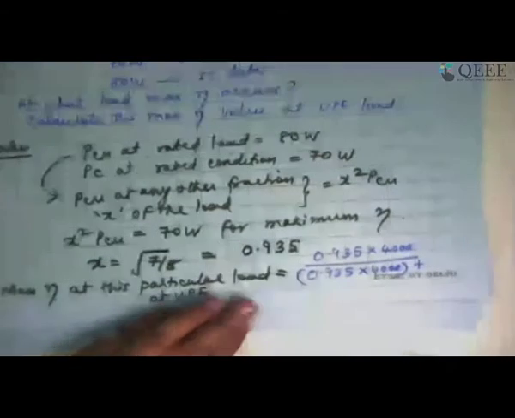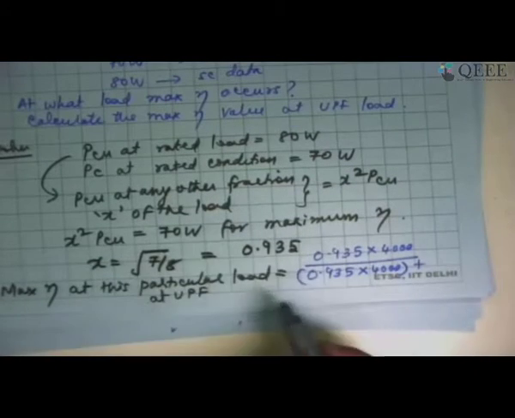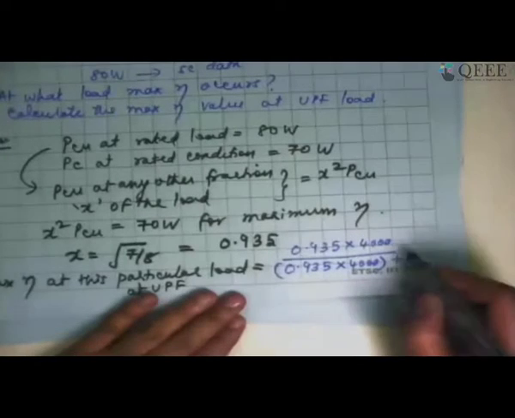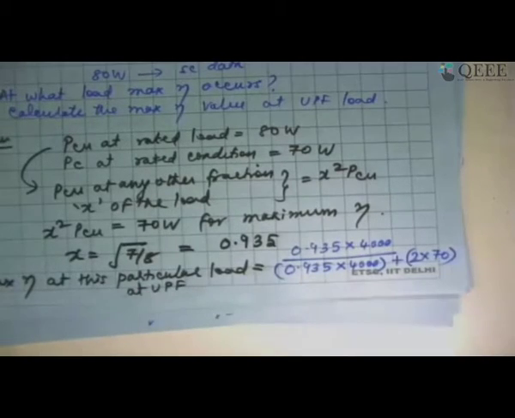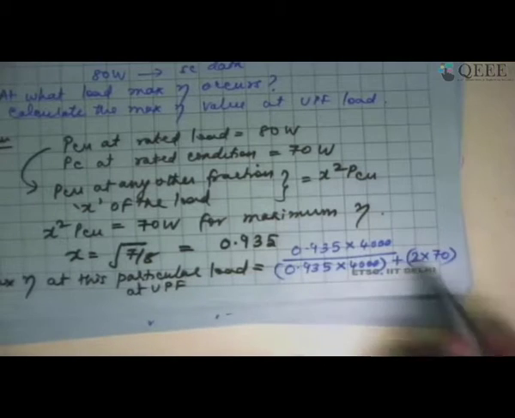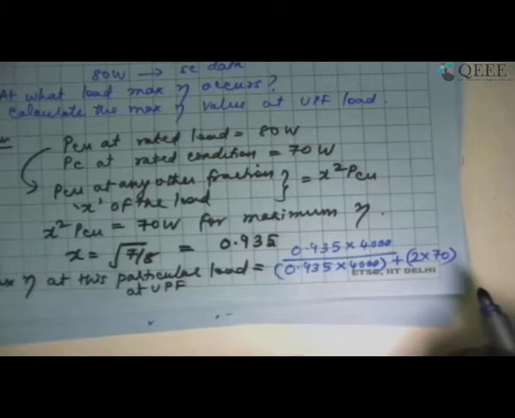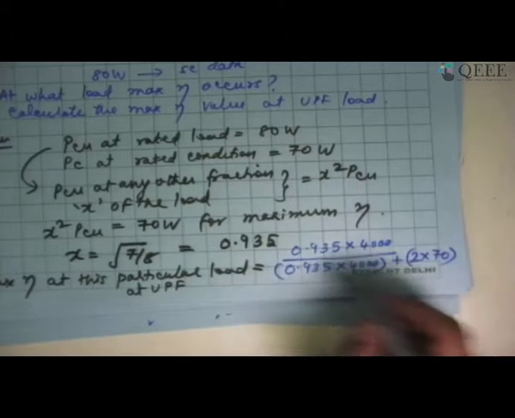Please note, at this condition constant loss equals copper loss. So I can simply write 2 into 70. That will do the job. Because 70 watts is the copper loss as well as constant loss. So I don't have to really calculate anything further. 2 multiplied by 70. So I can calculate what is the efficiency under this condition. Right?